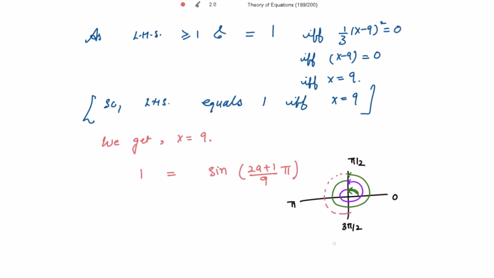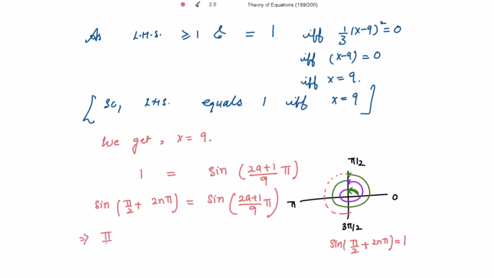So we are getting sine of pi by 2 plus 2n pi, that gives us the value as 1. So writing this, sine of pi by 2 plus 2n pi equal to sine of 2a plus 1 divided by 9 into pi. So this implies pi by 2 plus 2n pi is equal to 2a plus 1 divided by 9 into pi.